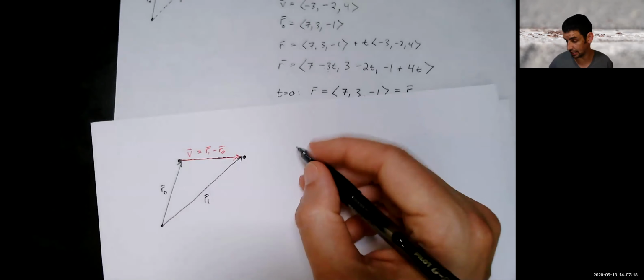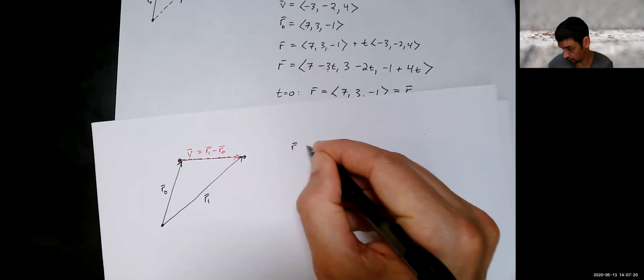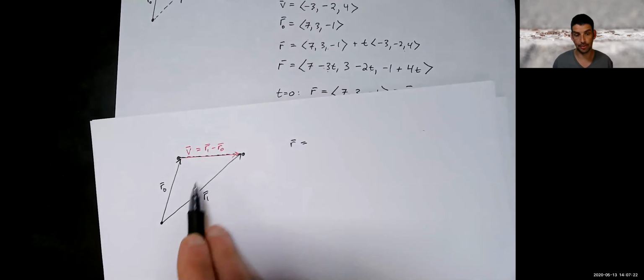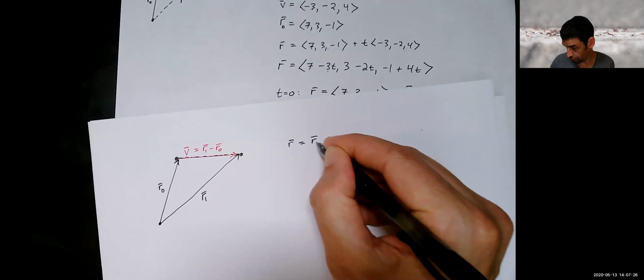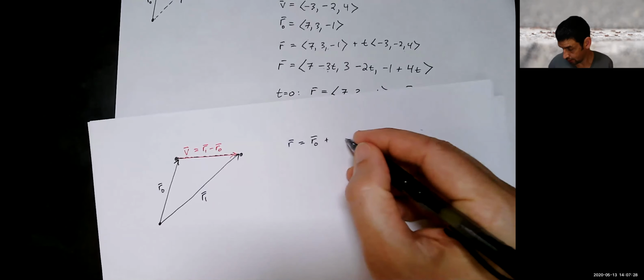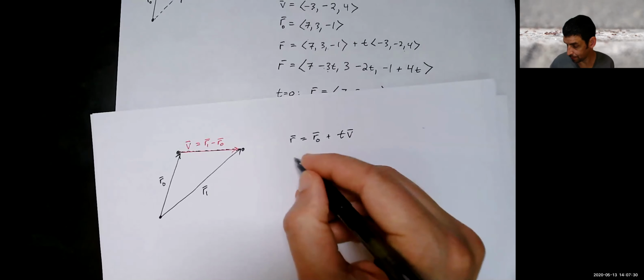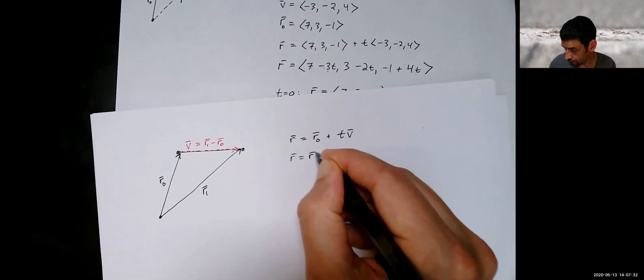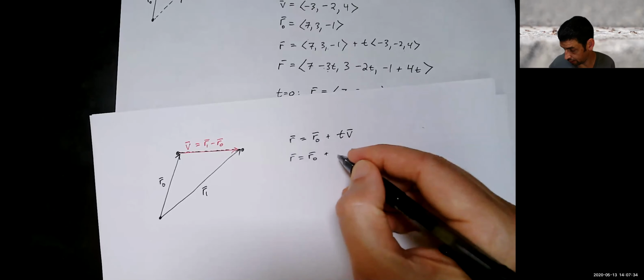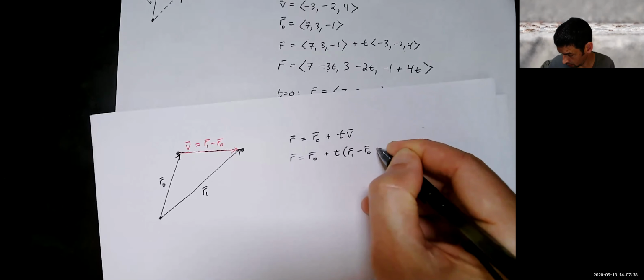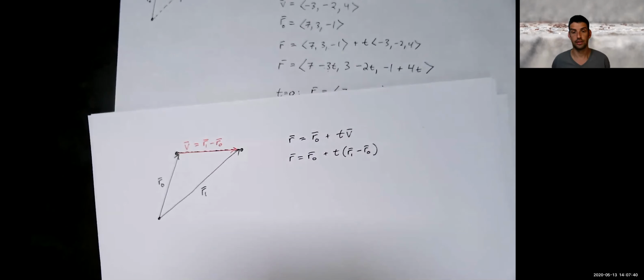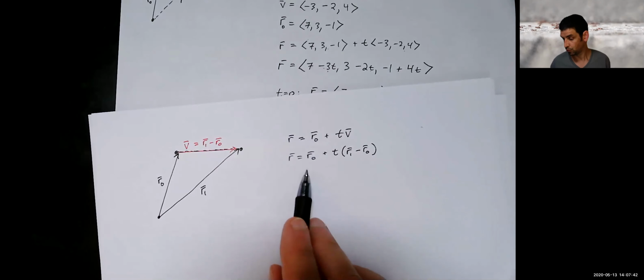And then the line segment between them is given by our standard equation, R0 plus tv, but v, remember, is R1 minus R0.